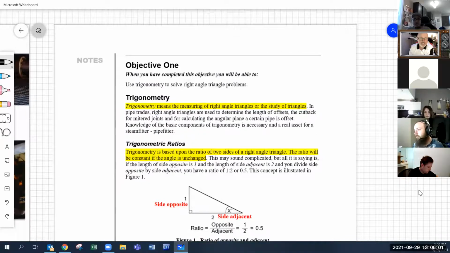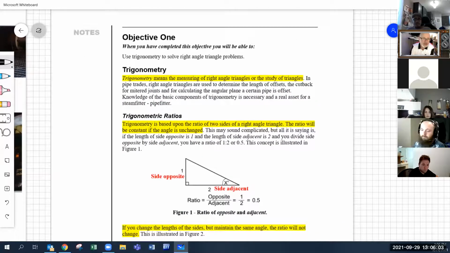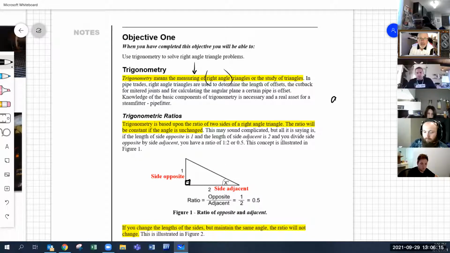Now, objective one, trig. Trigonometry means the measure of right angle triangles. So any triangle that we use will have a right angle. Always, always, always. And the right angle is 90 degrees, yes? Every single triangle has 180 degrees inside.